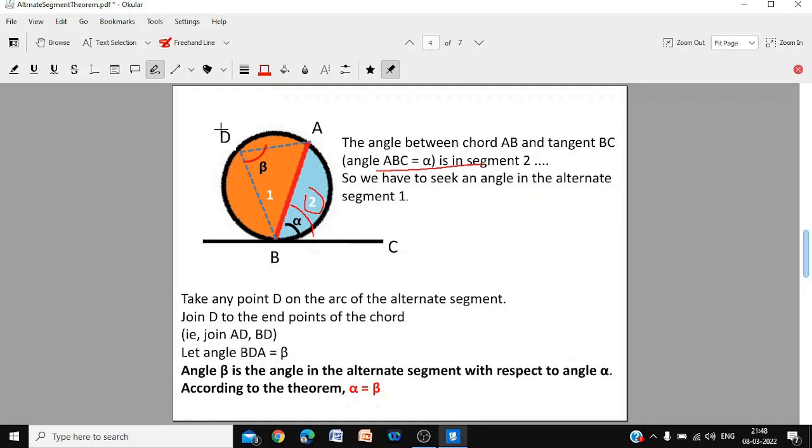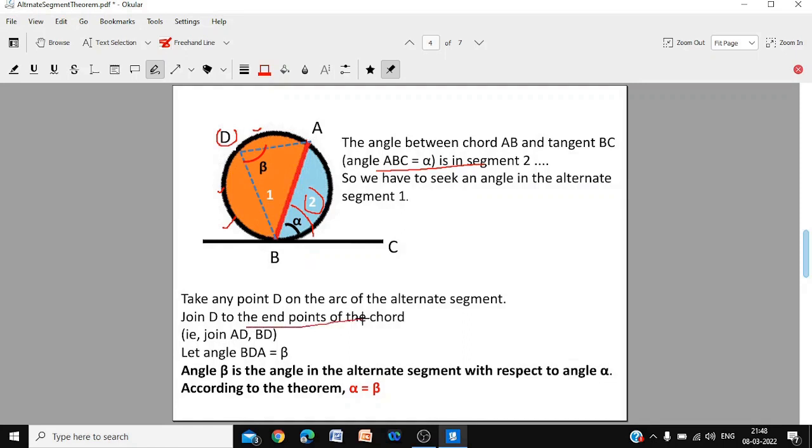So, take any point D. You can take it anywhere. We could have taken this one, this one, any point. And from there, we join the end points of the chord. Here we have joined D to B and D to A. So any point on the circumference in the alternate segment, not in the blue segment, but in the red segment, take any point D and join it to the two endpoints of the chord.